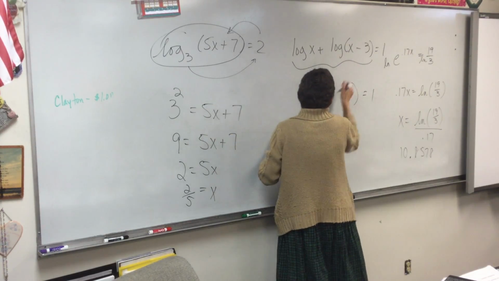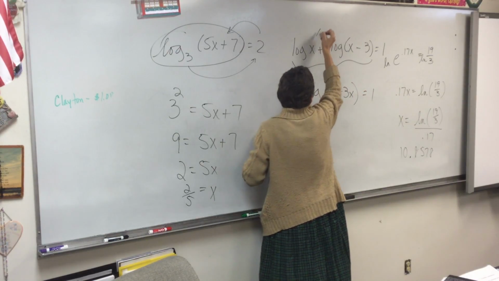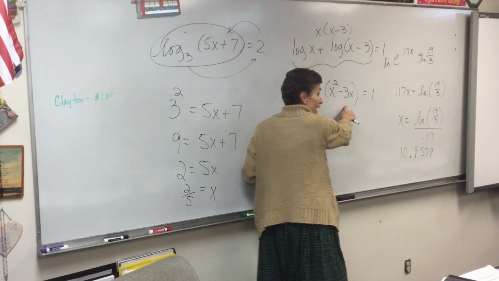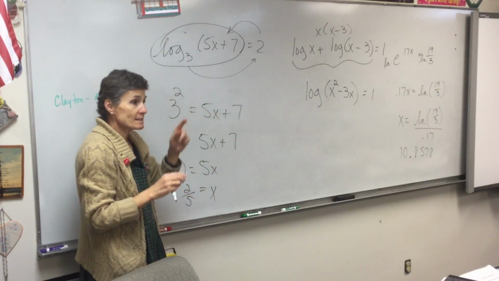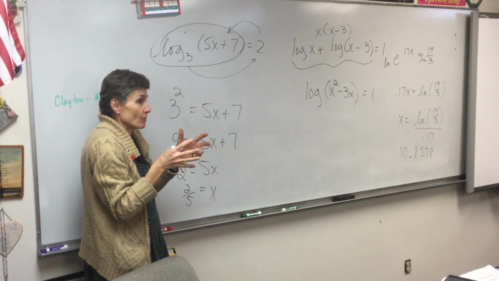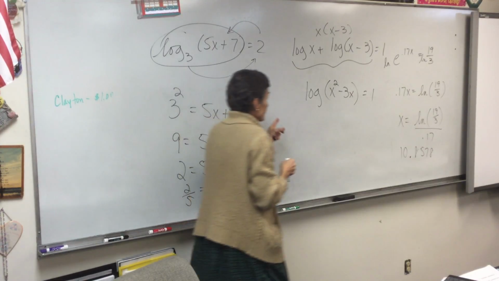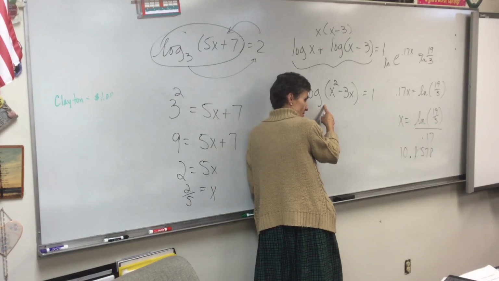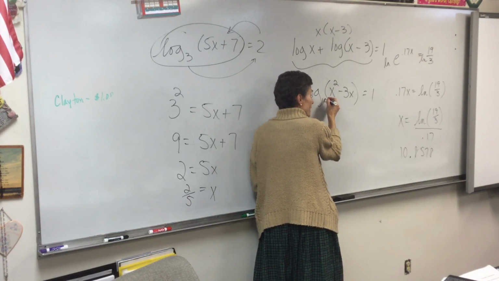So this is going to be x squared minus 3x. I took x times x minus 3. Everybody okay with that? Now, once I get those 2 put together, then it looks like this problem. So what's my strategy? Oh, there's no base. Yes, there is. It's understood to be 10.